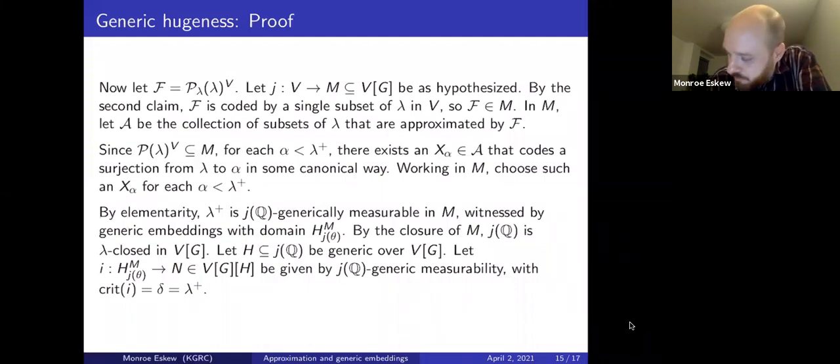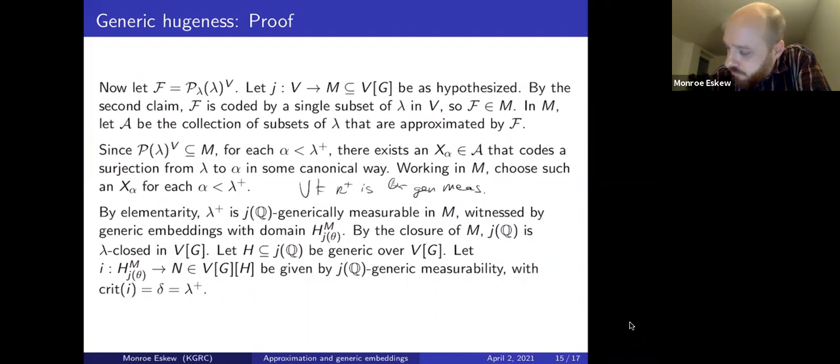Now by elementarity, remember that V says kappa plus is Q generically measurable. Kappa goes to lambda. By the closure, kappa plus goes to lambda plus.